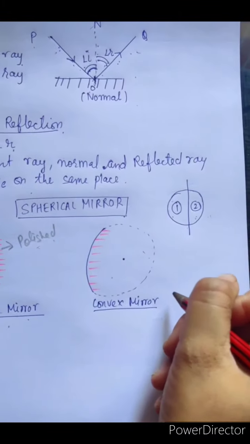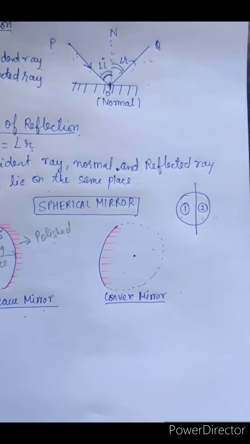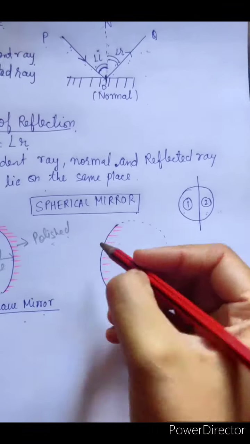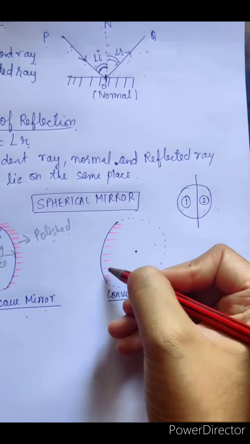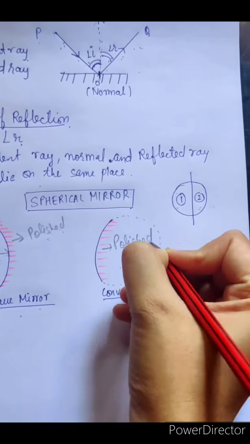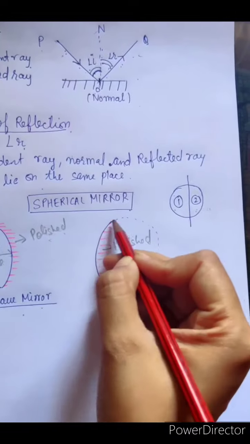Similarly, we have the convex mirror. In the case of a convex mirror, the opposite takes place. Opposite in the sense that the inward area, which is present inside the sphere, is the polished area. This is the whole sphere.